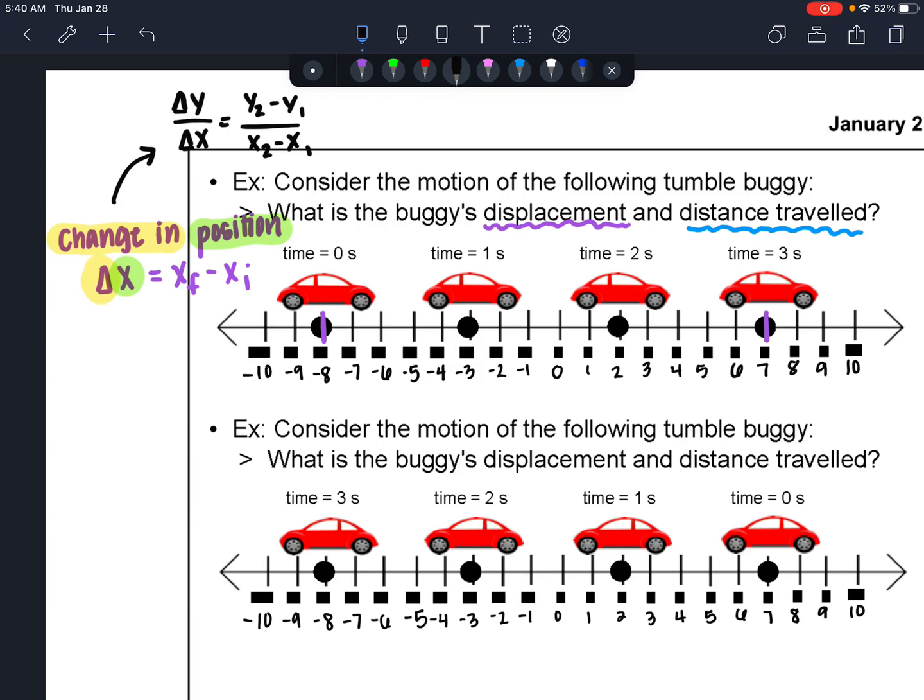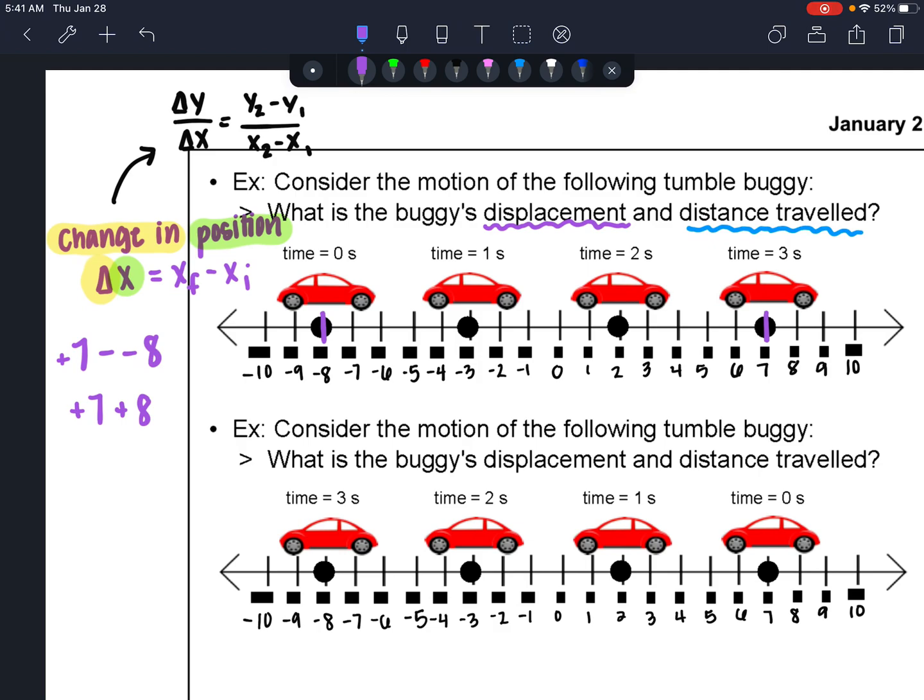To find my change in position, I'm going to do my final position minus my initial position. So my final position was positive 7. I'm going to minus my initial position, which was -8. And minus a negative right here becomes a plus. So minusing -8 is the same thing as adding 8.